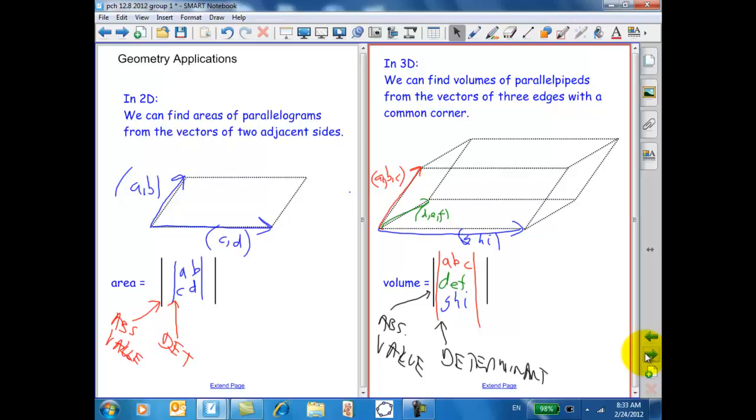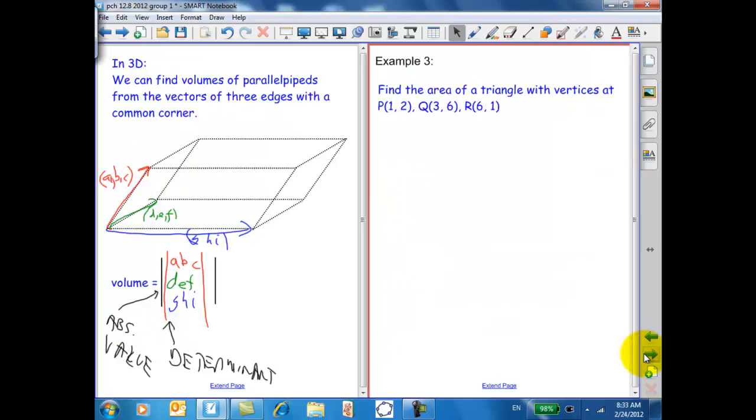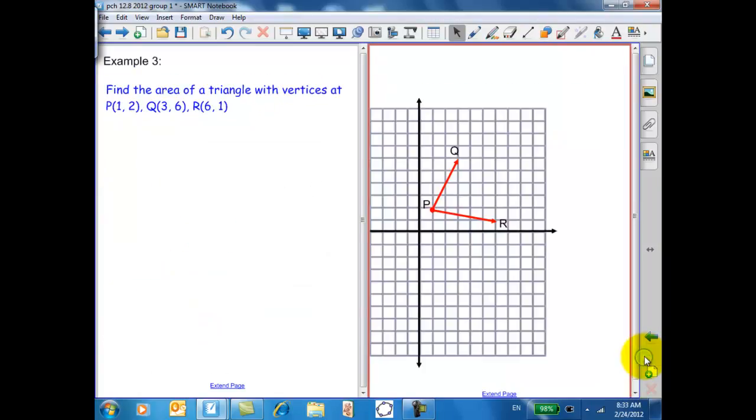All right. Find the area of a triangle with vertices at (1, 2), (3, 6), and (6, 1). And this is what I was talking about for those of you who want to do that snow project. If you were to just sit there and count squares, you connect these two, but notice they don't really connect up quite right, do they?